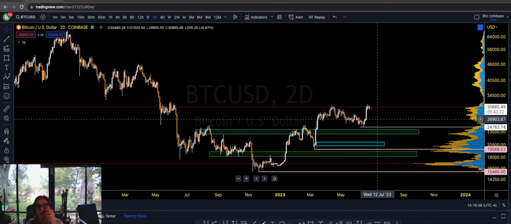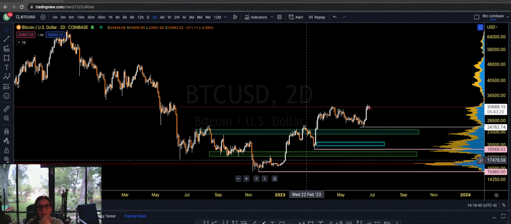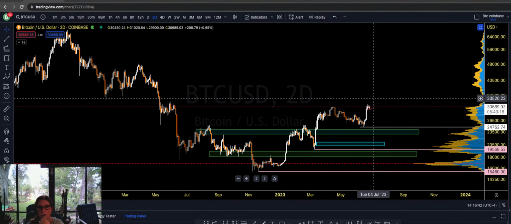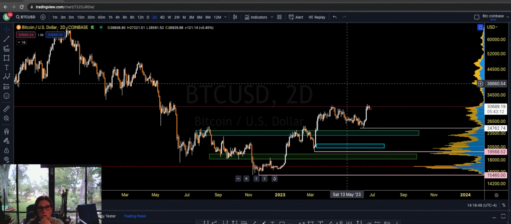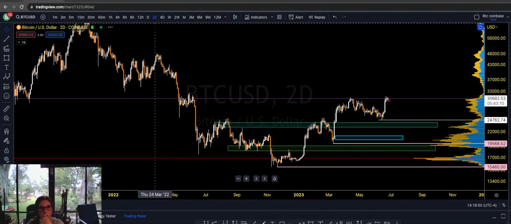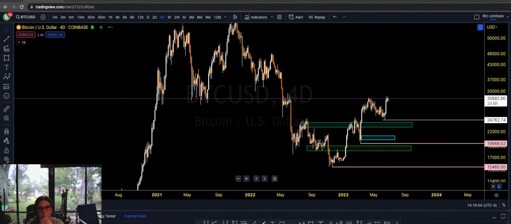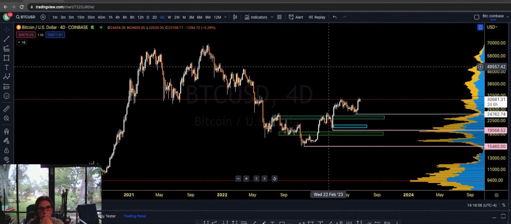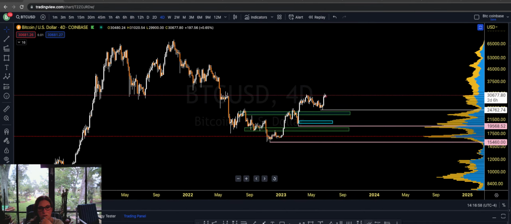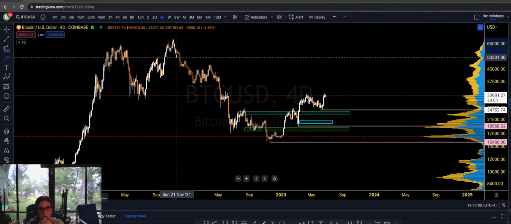I think that's very possible, okay? Especially if this structure here plays out the way that we want it to. Okay? All right, so let's talk about what's going to happen here. So we have this move to the downside.